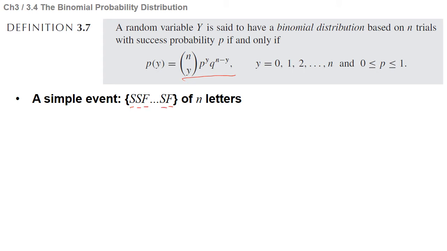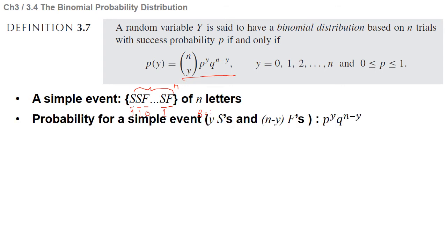So there are n letters, and each one is a Bernoulli trial, 1 for success and 0 for failure. We are interested in the sum of the Bernoulli trials, which is the total number of successes.